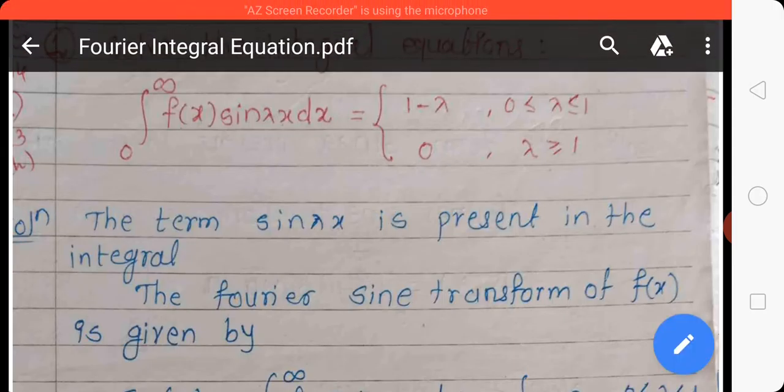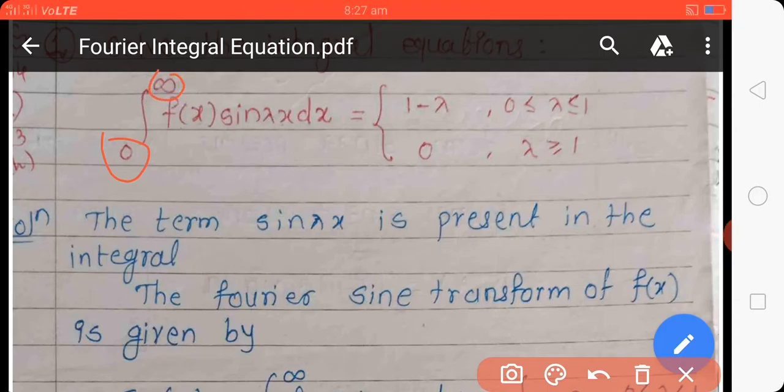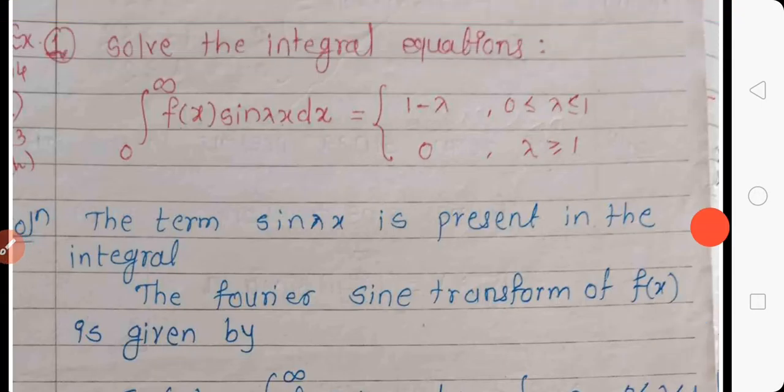Remember, if the limit of integration is from 0 to infinity and the integration involves the term sin lambda x, then the given transform is the Fourier sine transform. If we are given the Fourier sine transform, then to solve the integral equation we find the inverse Fourier transform, that is, we find the value of f of x.